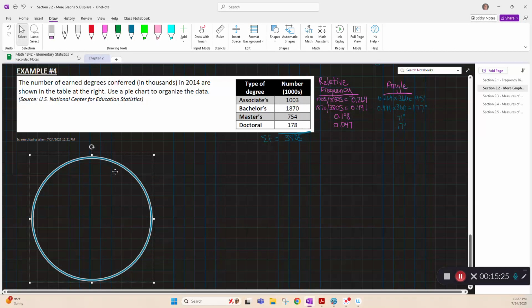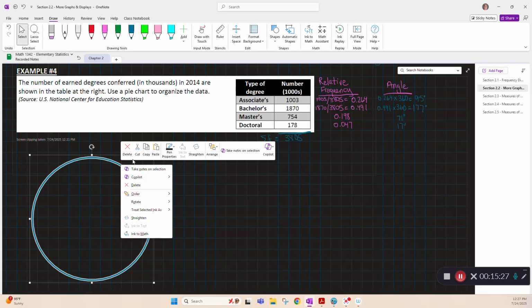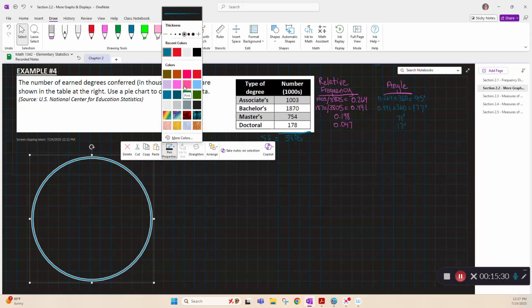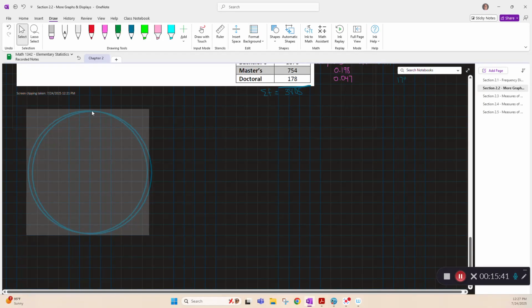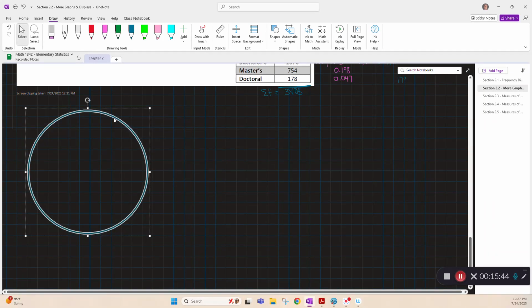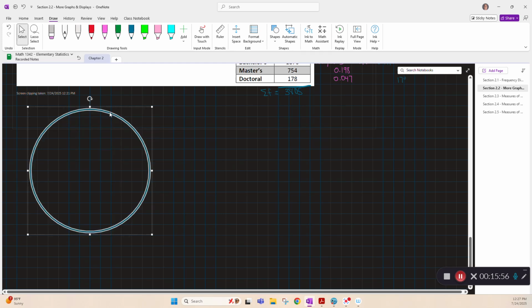Okay. So we've got our circle here. I'm going to make it honey teal. Now, what I like to do once I have my circle, I'm going to line it up here, just trying to line it up to where it's just about center.